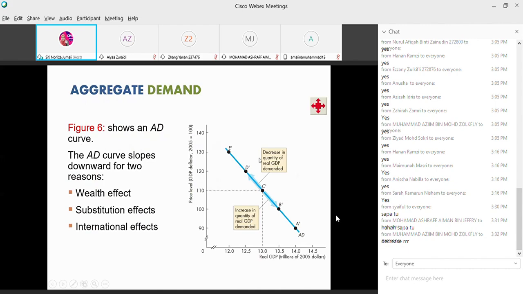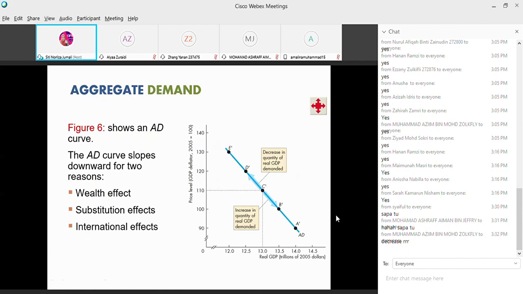It tells us the negative relationship between price level and real GDP. But if price level increases, how will it affect the real GDP? How are we going to relate these two variables? We just know that price level and real GDP are inversely related, but we don't know why when P increases, real GDP decreases.